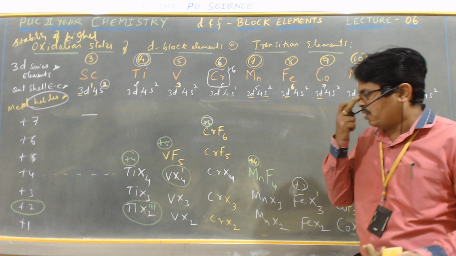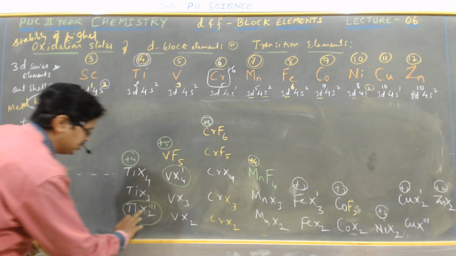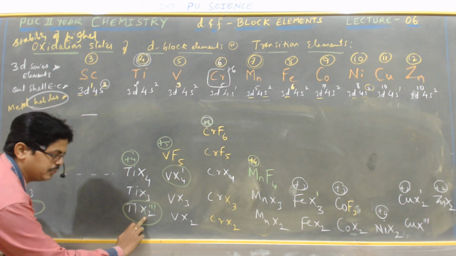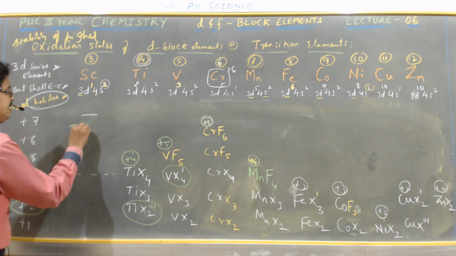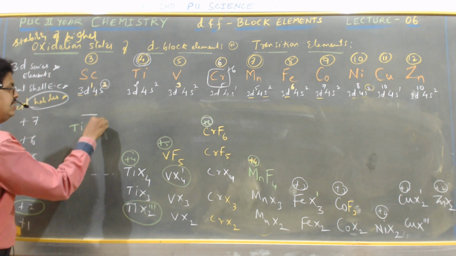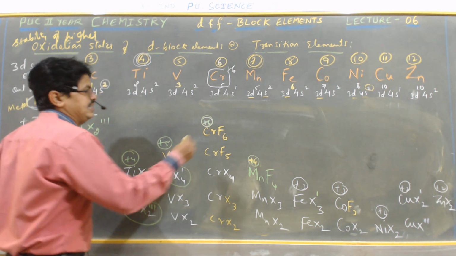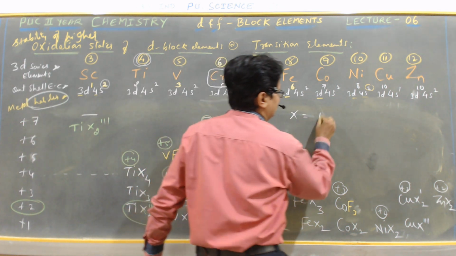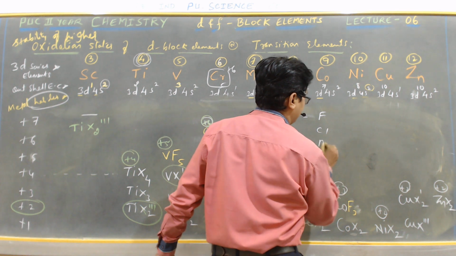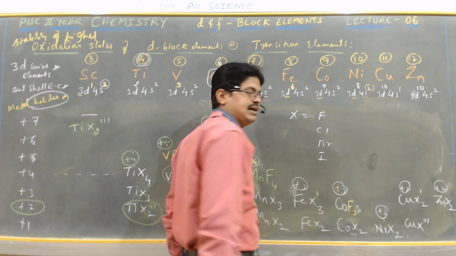Let me clarify what is this triple dash. TiX2 triple dash. Can you notice here? See, TiX2 triple dash indicates, let me clarify that one. See, X means fluorine, chlorine, bromine, iodine. Correct?